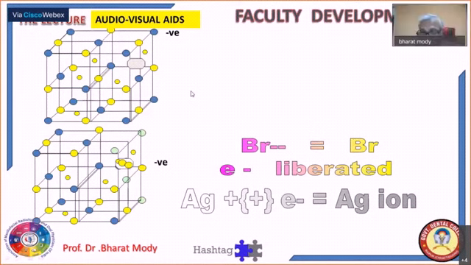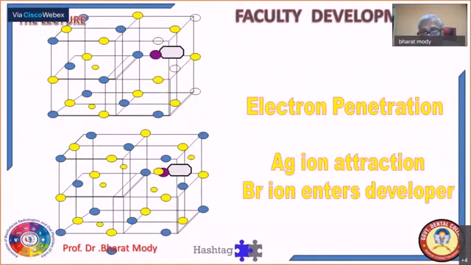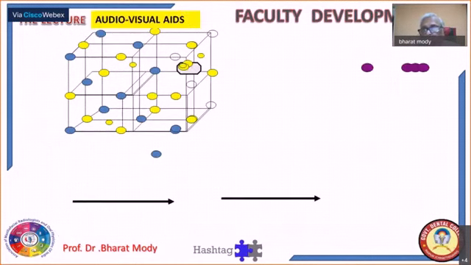The silver is present. You will get all those electrons penetrating, and that is why now the silver which is bonded to the bromine, even that will get attracted to the sensitive speck.